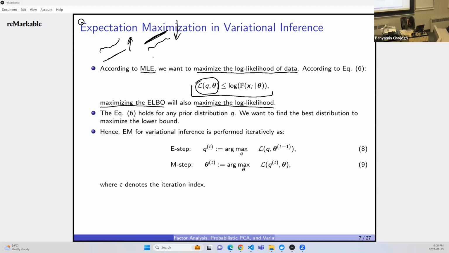Now, we know that equation 6 holds for any prior distribution Q, right? Did I make any assumption on the distribution of the latent factor? No, it was Q. We want to find the best distribution to maximize the lower bound. This is exactly what we want to do. What distribution gives me the tightest lower bound?